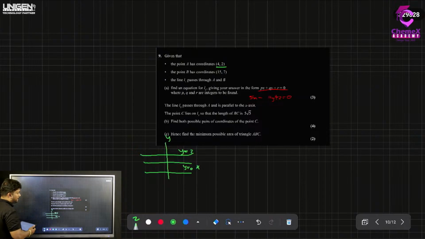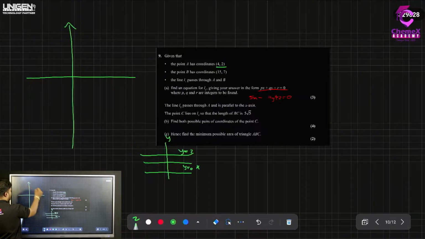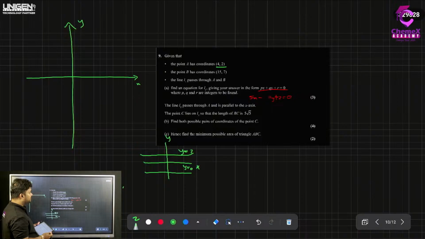So if I take the L1 line, if I draw a sketch and explain you this whole scenario. So L1 line what we found, can you tell me when x is 0 what is y?